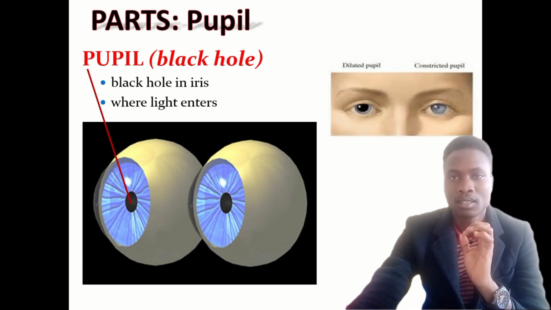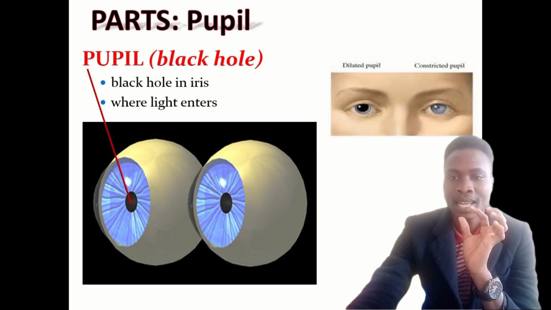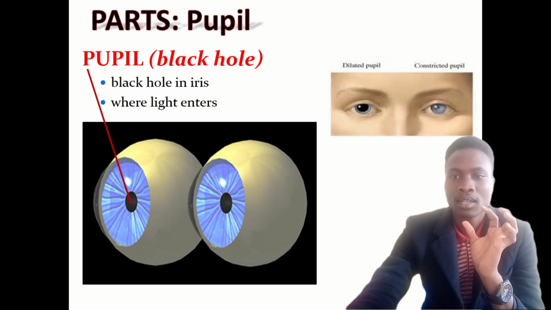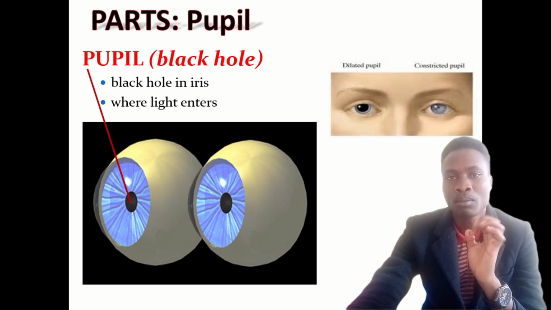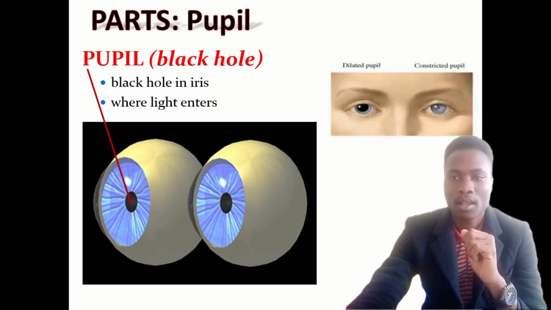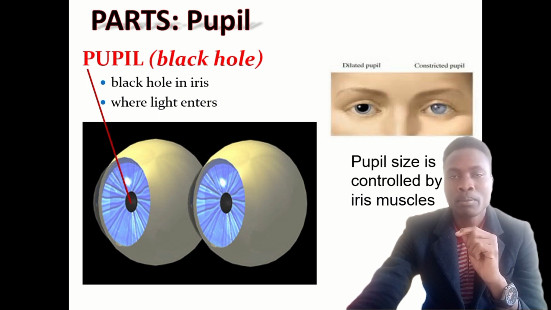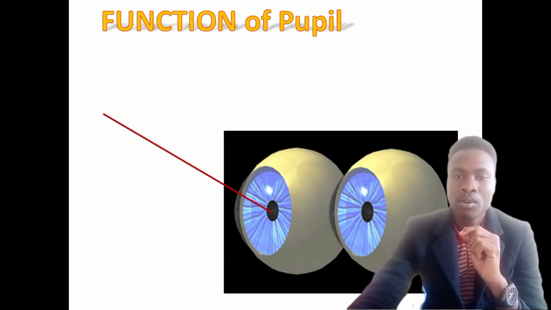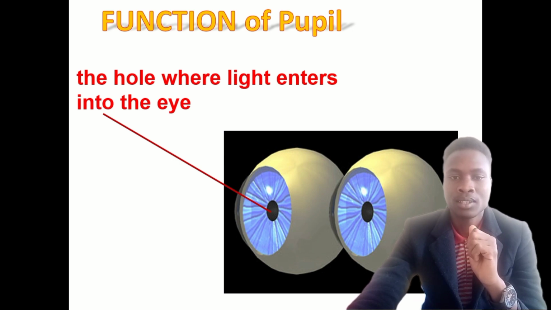The dilated pupil has a larger hole, compared to the constricted pupil that has a smaller one. Pupil size is controlled by the iris muscle. Function of pupil: the hole where light enters into the eye.